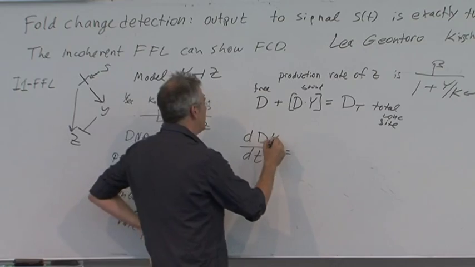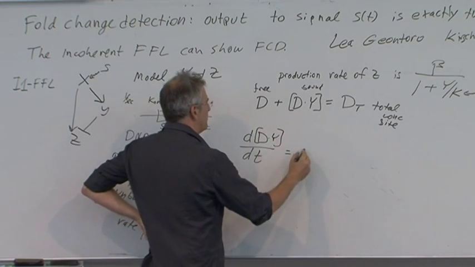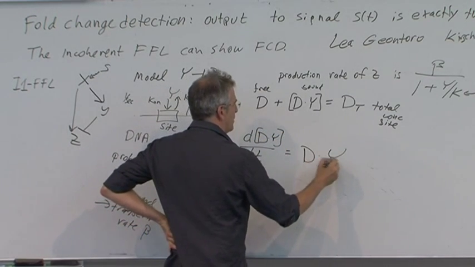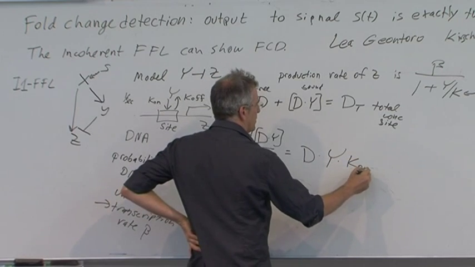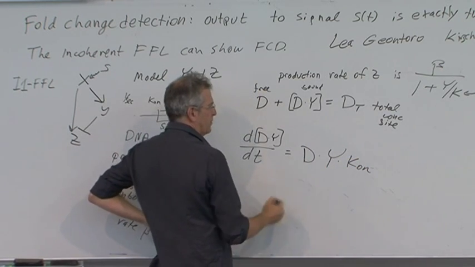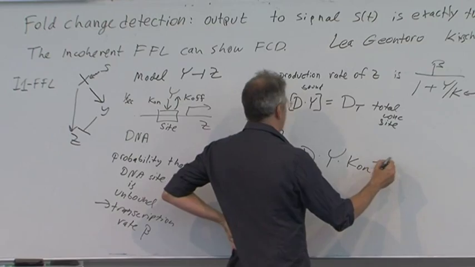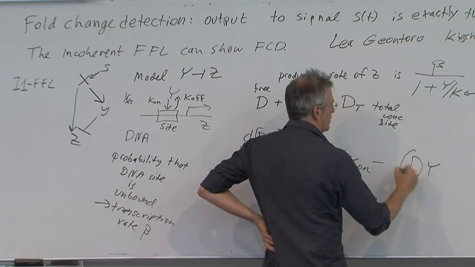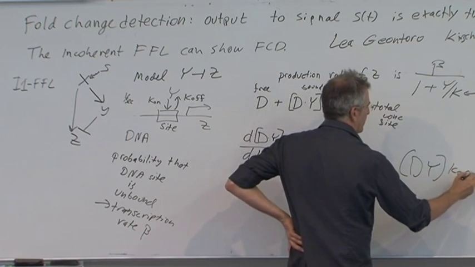Let's say the rate of change of the bound state is: if the free state meets a y, this is the rate, so this is y meeting the free DNA site, and this is the bound site dissociating.